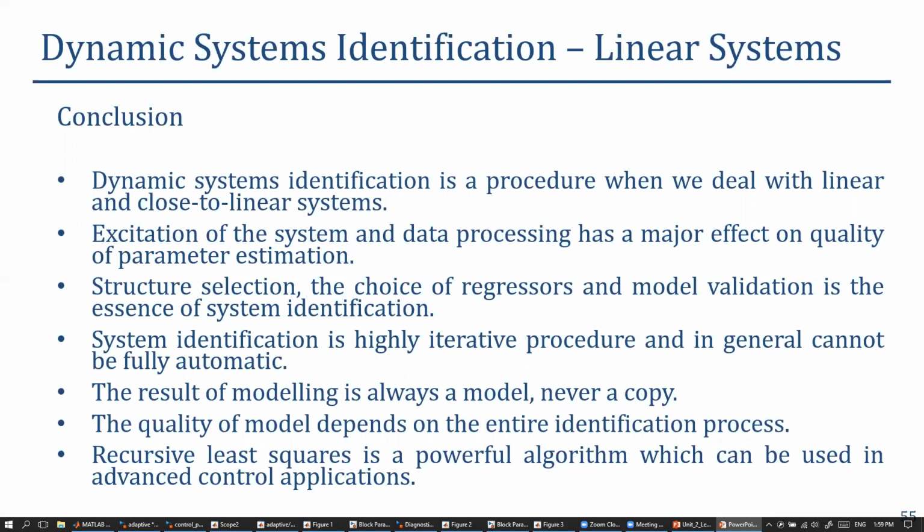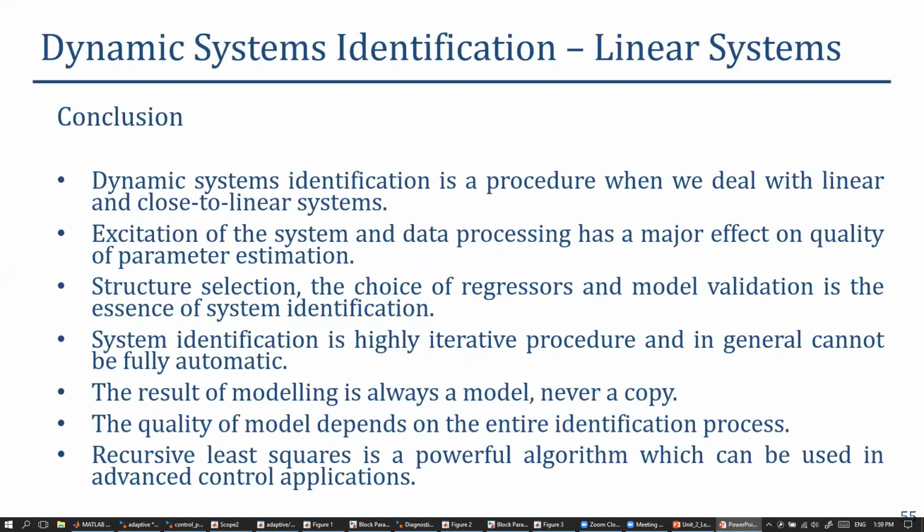The structure selection, the choice of regressors and order selection, and the model validation is the key, the essence. This is something that you really need to do carefully, especially the model validation. And of course, the model validation should be done on a different set of data.